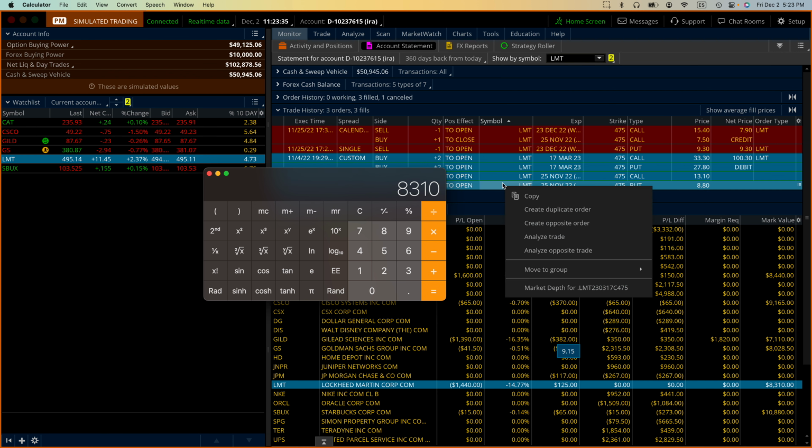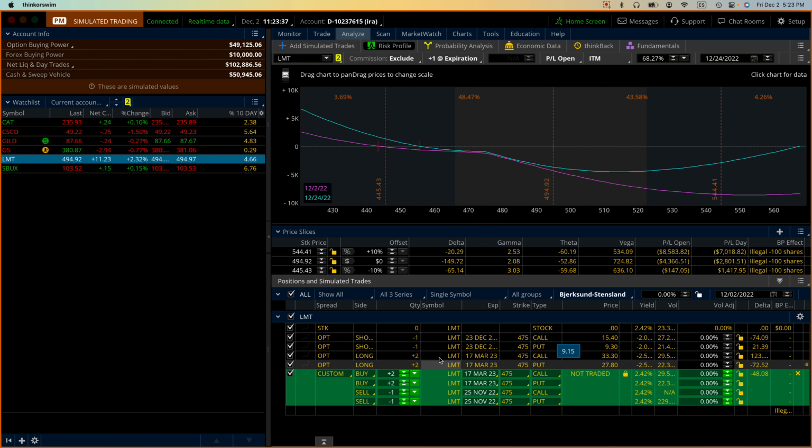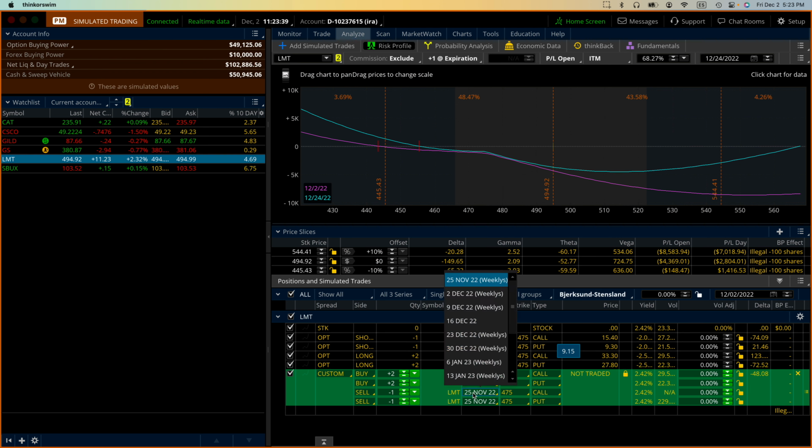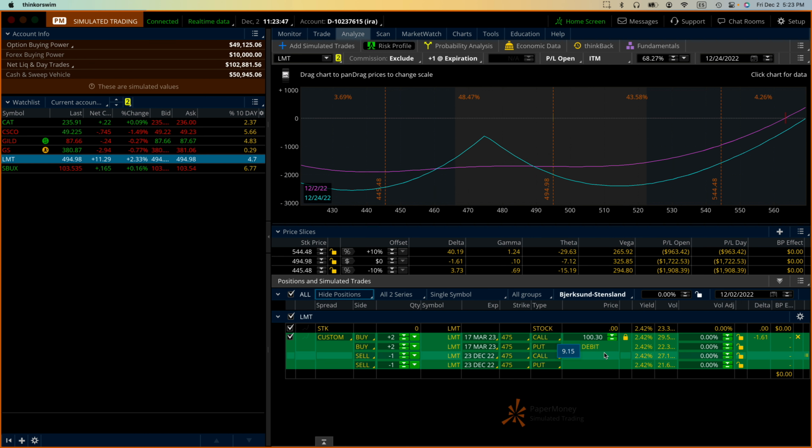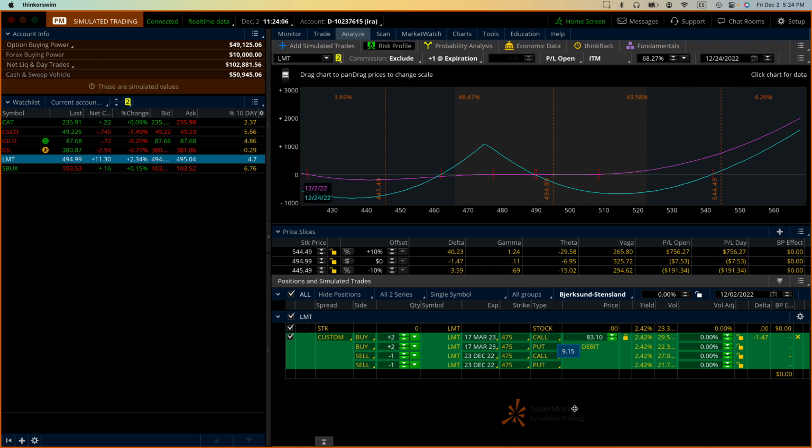Now I copy this, analyze trade, but I make the adjustment. Instead of putting November, I put December the 31st right there. Okay, hide the position, and now here instead of 130, once you correct for the credits, you ended up with $83.10 or $8,310. That is our trade right now as it stands.